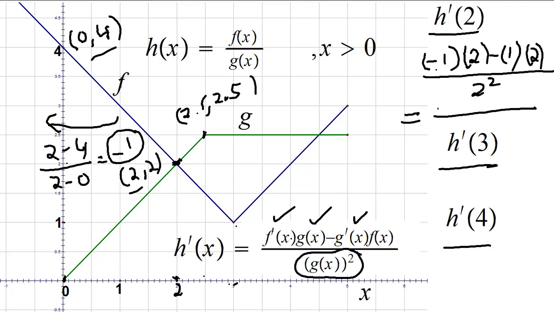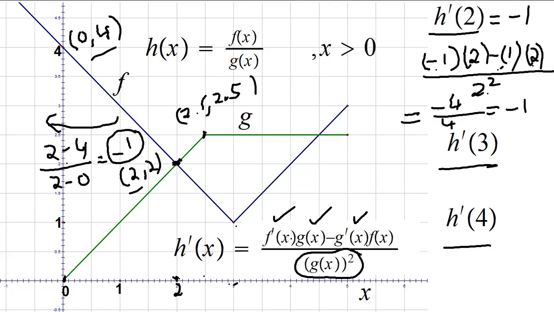This will be -2, because -1 is the slope of f, times 2, and the other term would be -2 as well. Downstairs we have 4, so we got -4 over 4, and finally it is simply -1.